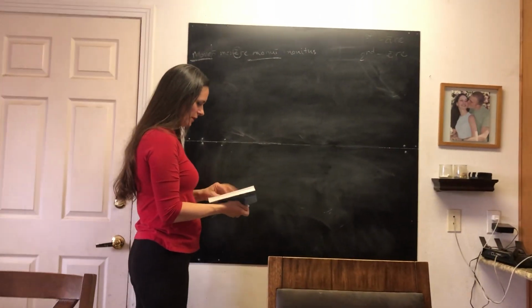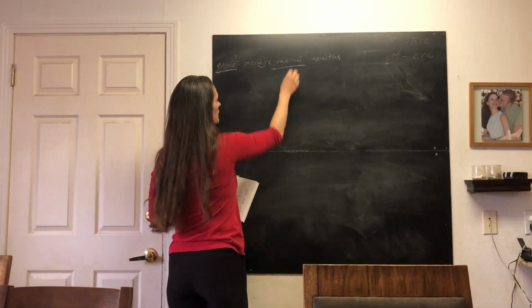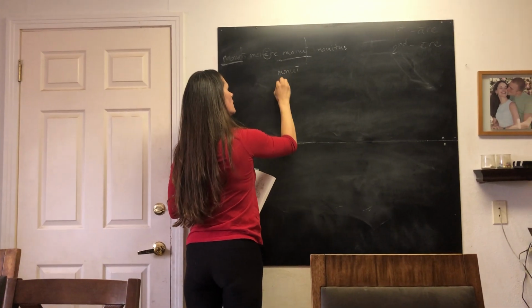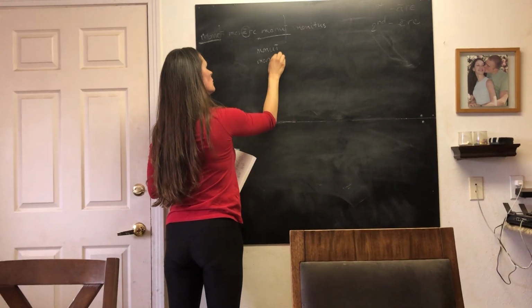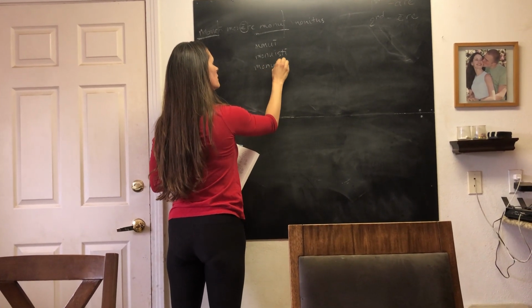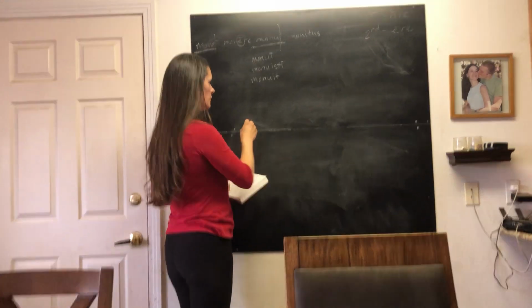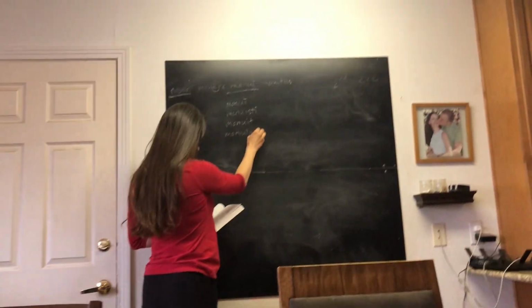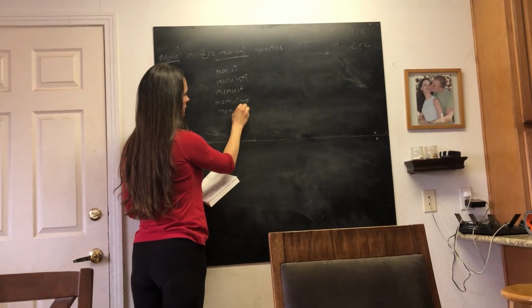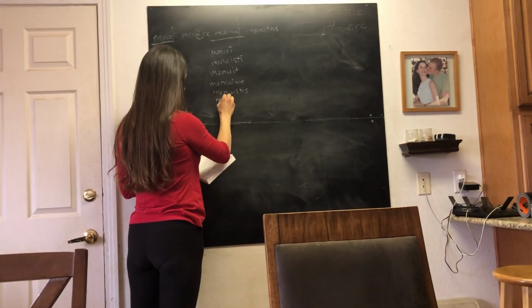Our monui is going to use this stem, monu, and then use those perfect endings: monui, monuisti, monuit, monuimus, monuistis, monuerunt.